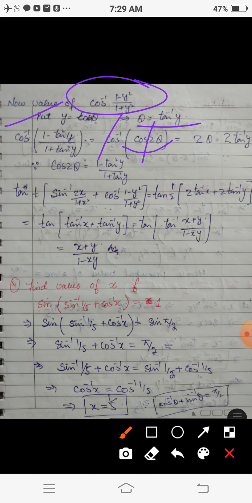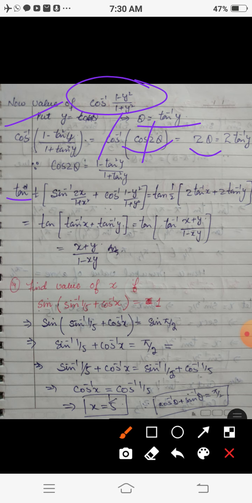Cos inverse and cos do not simply cancel, it is actually a composition here, which becomes the identity function, so it is simply 2 theta. Now theta is tan inverse of y, so it is 2 tan inverse y.